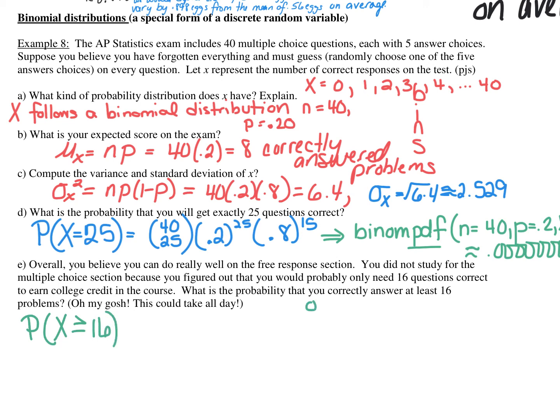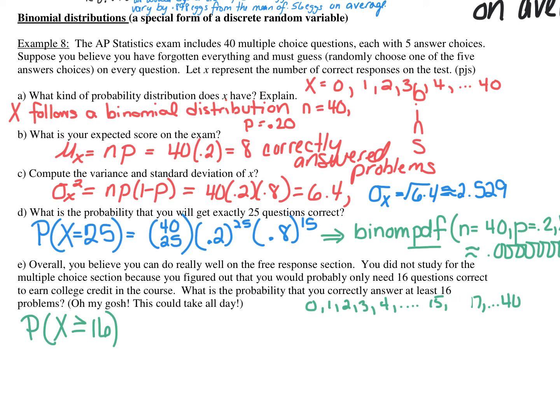Well, I want to remind you that in your distribution, it goes all the way up. 15, 16, 17, all the way up to 40. Okay, so greater than or equal to 16 would be 16.